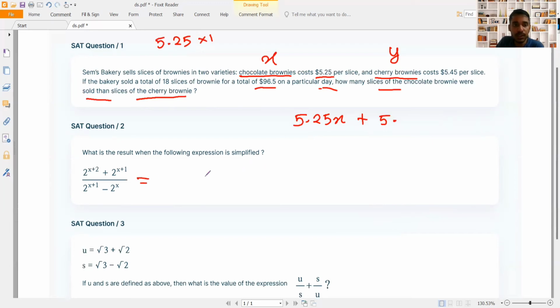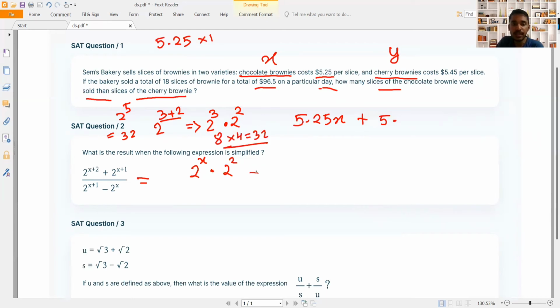I can write this expression as 2 cubed times 2 squared, because whenever there is addition in the exponent like 2 raised to 3 plus 2, I can write it as 2 cubed into 2 squared, and 2 raised to 5 is 32. This is nothing but 8 times 4, which gives me 32 again.